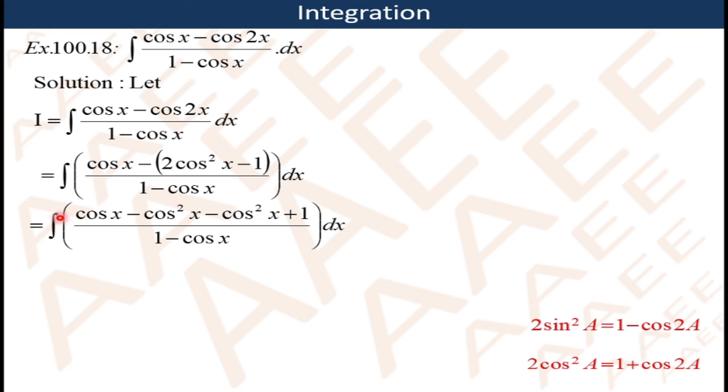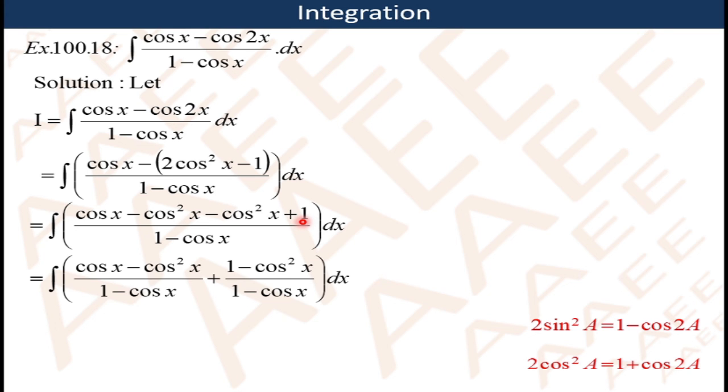So this will be integration cos of x minus 2 cos square x plus 1, and this can be factorized like this: integration cos of x minus cos square x upon 1 minus cos of x plus 1 minus cos square x upon 1 minus cos of x.